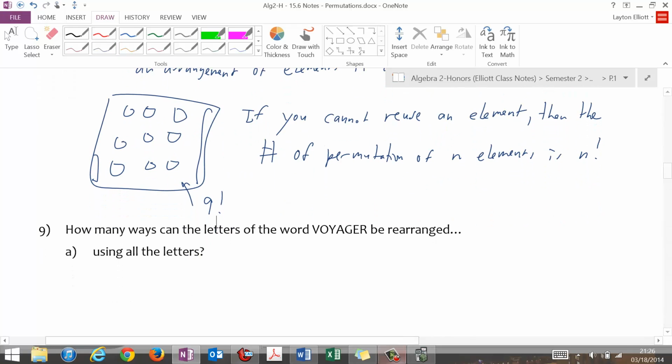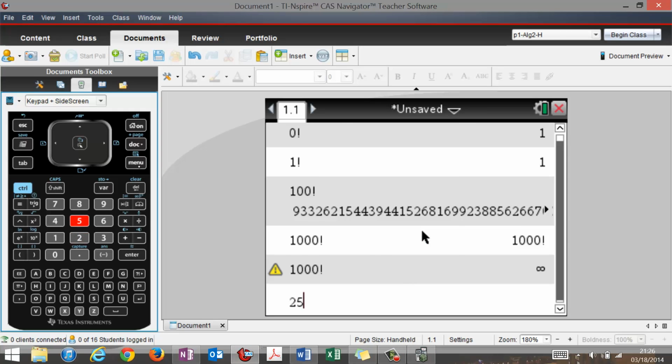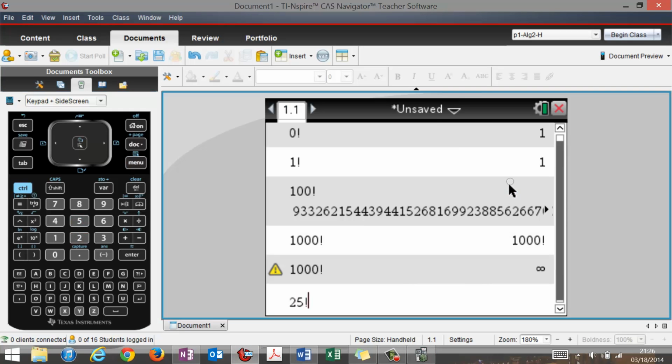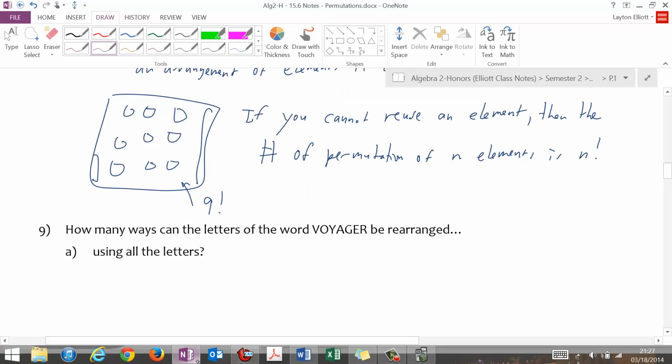You can imagine how big it gets with the biggest math class we have, with 25 kids maybe. If I go 25 factorial, and you figure out how many possible ways they can sit in the classroom, wow. I can't even launch into how absolutely unbelievably big that number is.